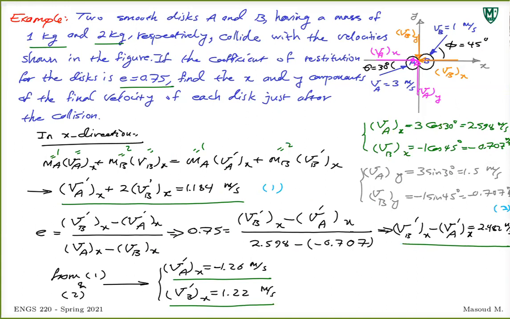Now, here, write a note somewhere to remember that it says two smooth disks, so you don't have to worry about friction. But in so many cases, they might not even say that. They might even say there is friction, and they don't give you any information about friction. There is a good logic, or you can make the case that the impact lasts a fraction of a second, a very short period of time.